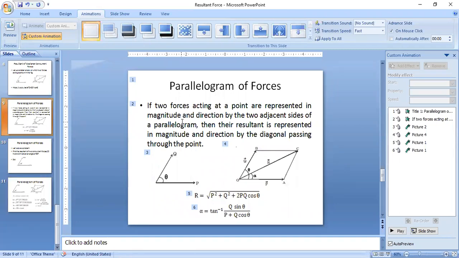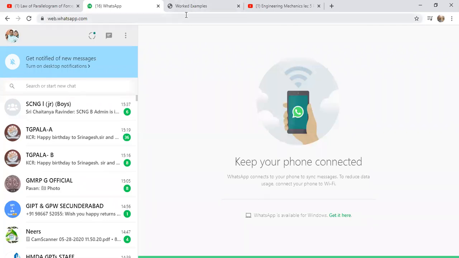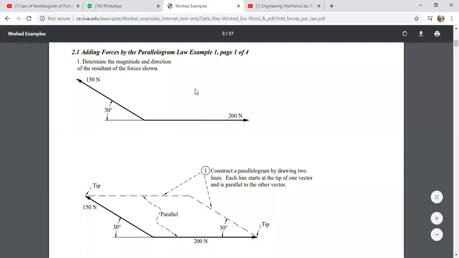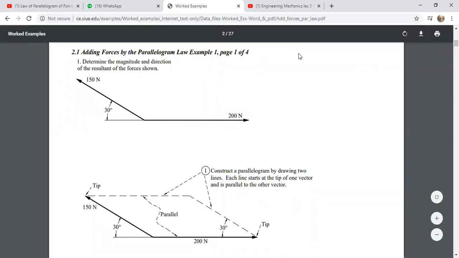Now let us see some more problems here. So here we can solve the problems graphically also.